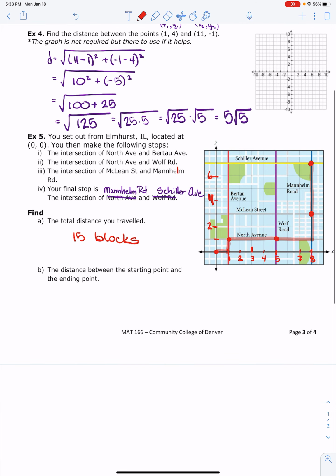If we want the distance between that starting point and that ending point, so here's our starting point, that's 0. We have one side of length 8, see, 6. I stopped counting one too early. And then I've got the other side of length 7.